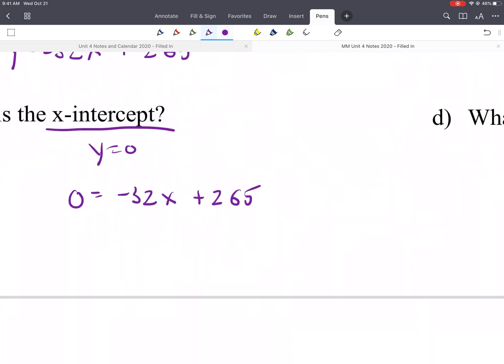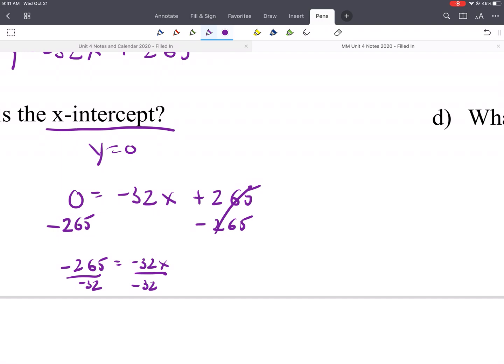And then we'll solve. So we'll subtract 265. And then we'll divide both sides by negative 32. Okay? Then you get your calculator out.